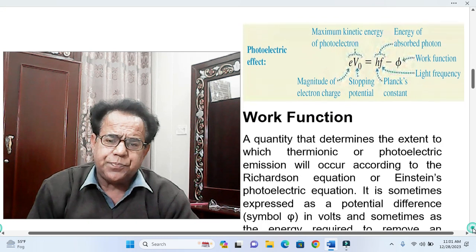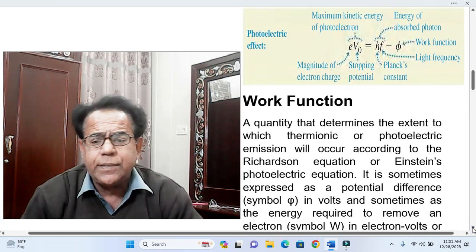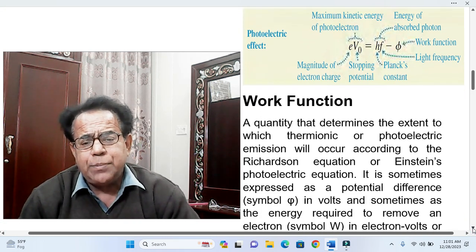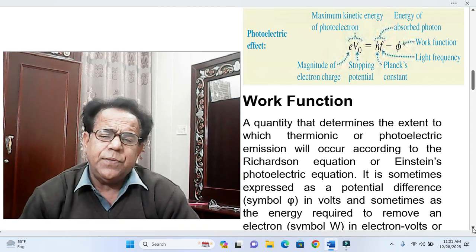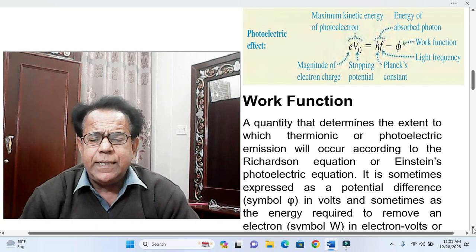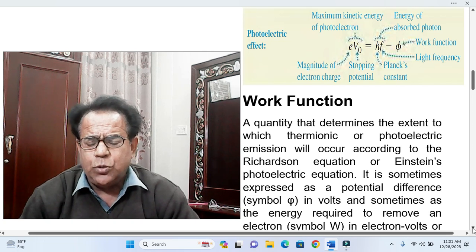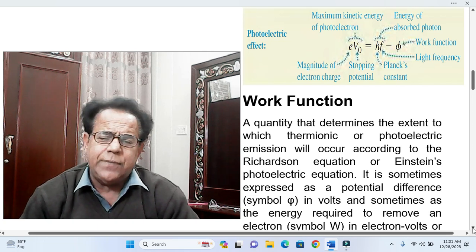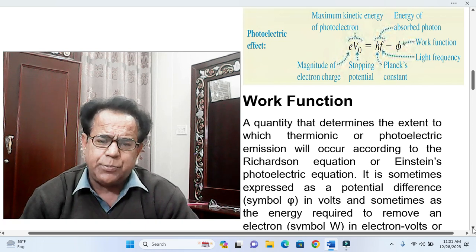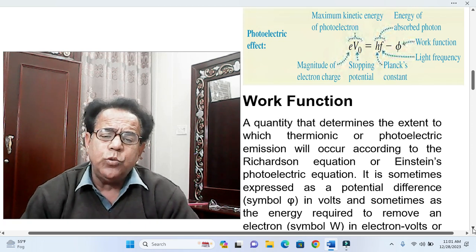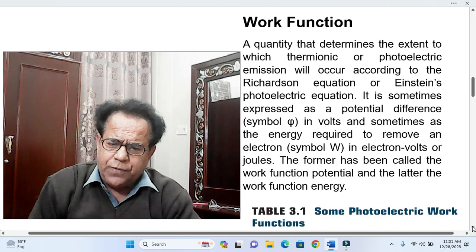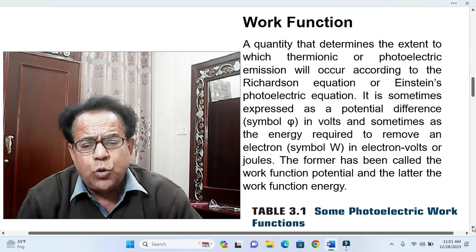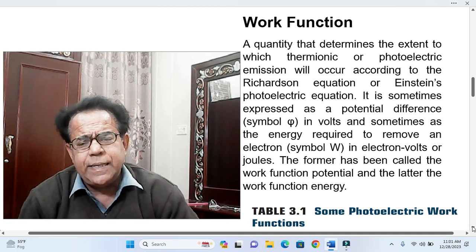The next snapshot is about the photoelectric effect. We dealt with it in our previous video, so we will not give more time to it. Next, some basic information about work function is given as a reproduction.